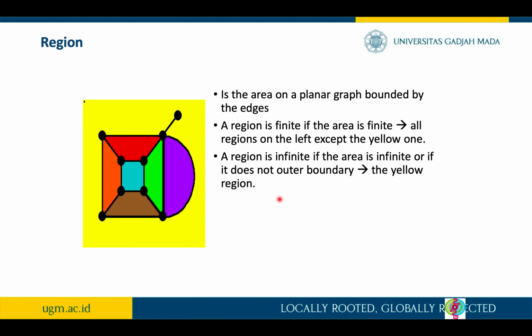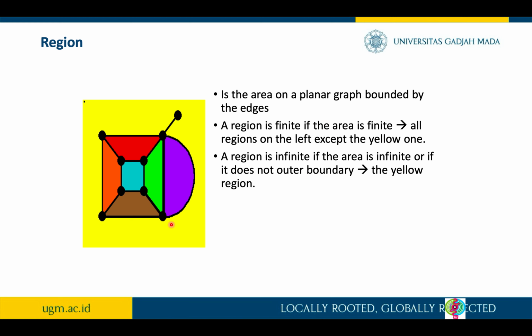In planar graphs, we have the term region. A region here is the area on a planar graph bounded by the edges. The planar graph should be drawn as a plane graph, so there's no intersection between the edges here.